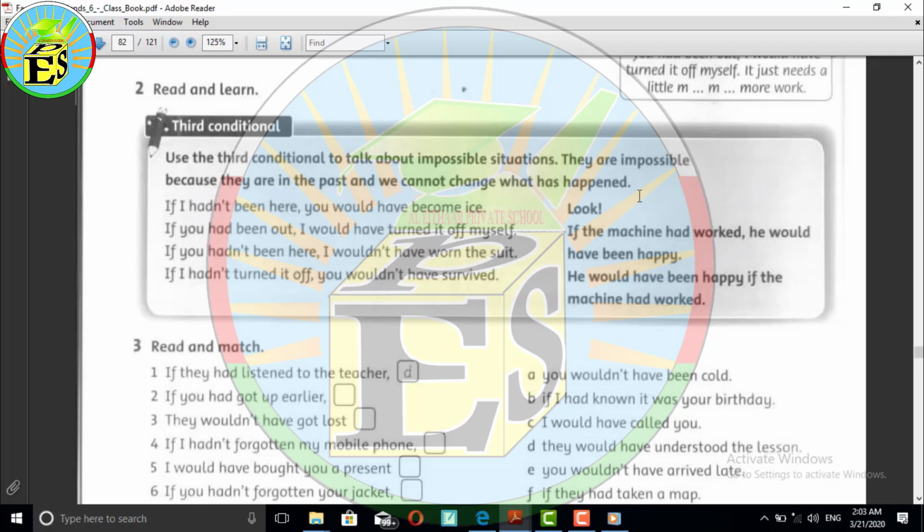So if you want to express anything impossible and unreal which happened in the past, use the third conditional. If you want to express regret about anything you did or didn't do, also use the third conditional. He gave us other examples.